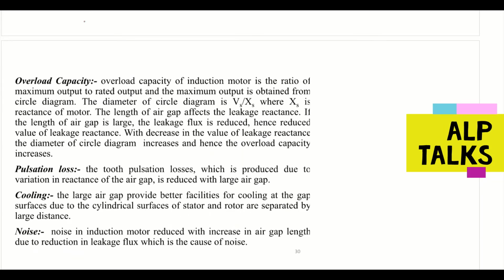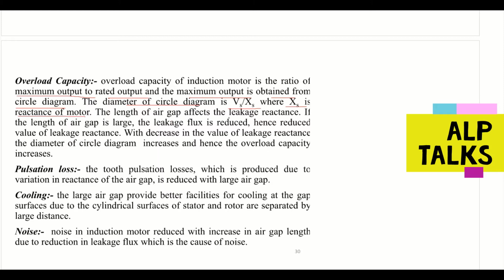So what about overload capacity? Overload capacity of an induction motor is the ratio of maximum output to the rated output, and the maximum output is obtained from the circle diagram. We will discuss the circle diagram later. The diameter of the circle diagram is Vs by Xs, where Xs is the reactance of the motor.